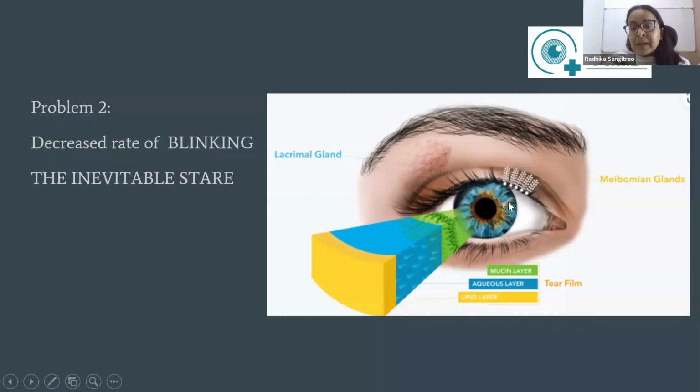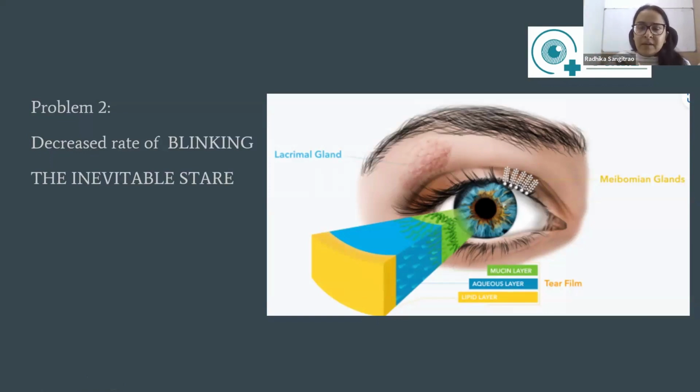in the eyelid. Now, these lid glands get pumped when you blink frequently, and the oily secretion comes out. What happens is when you stare for long hours, these glands get blocked. Because they get blocked, this oily layer doesn't get secreted and the watery layer evaporates.